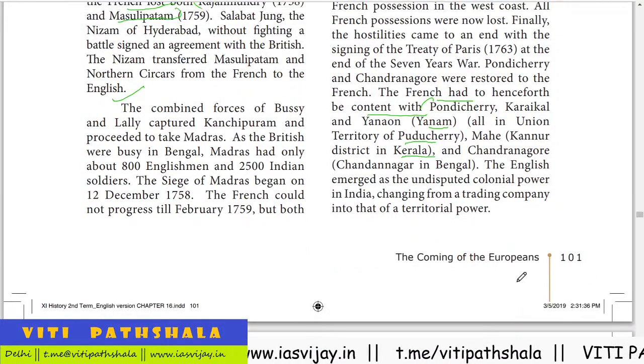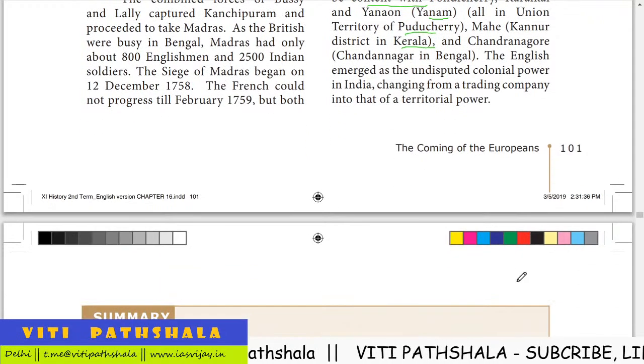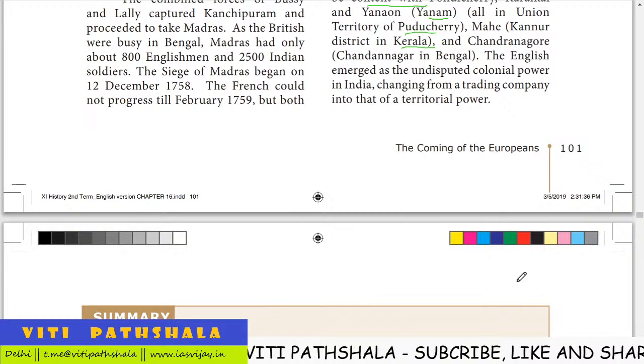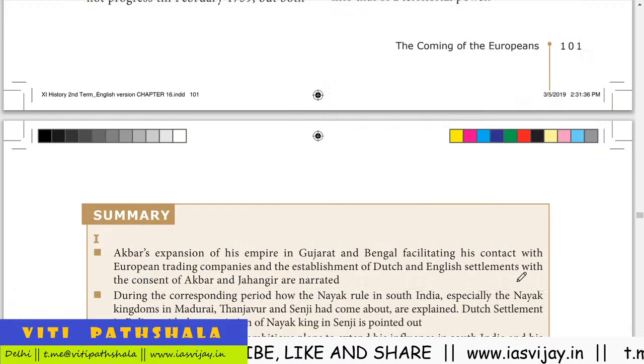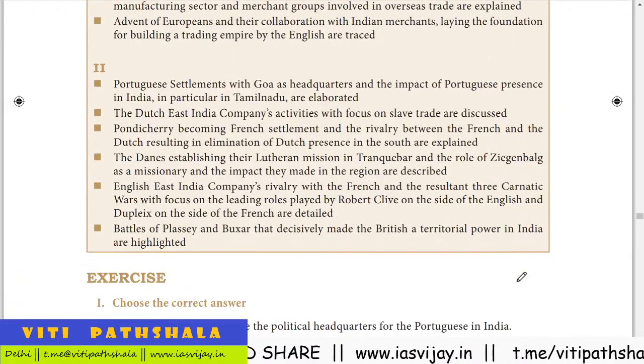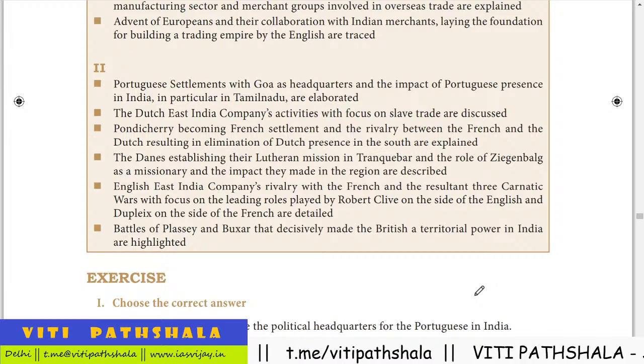The English emerged as the undisputed colonial power in India, changing from a trading company into a territorial power. So this was all, and a small summary is given at the end.